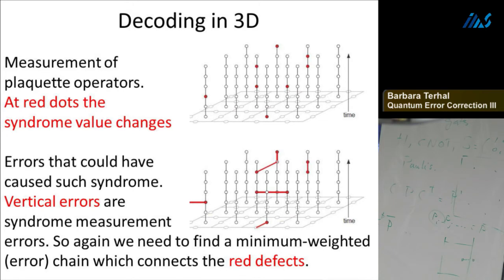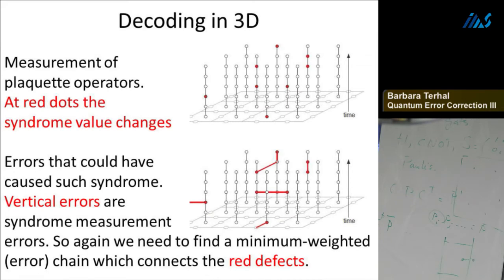Now that's similar to the error that we've seen before. It's an error on the qubit. But now let's look at this one, where for a while the syndrome was +1, because we assume it to be +1 at the bottom, and it doesn't change, and it changes here, and it changes again there. So what is more likely going on there is that this bit was just faulty. The syndrome is faulty, changes again, back to being +1. So we can match these two defects in this way, by vertical lines.